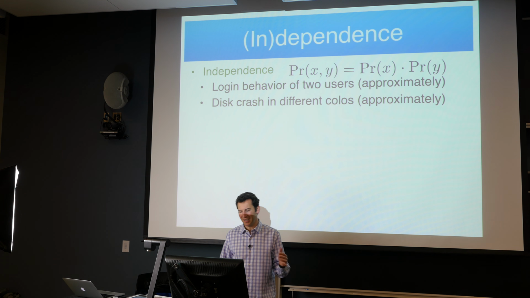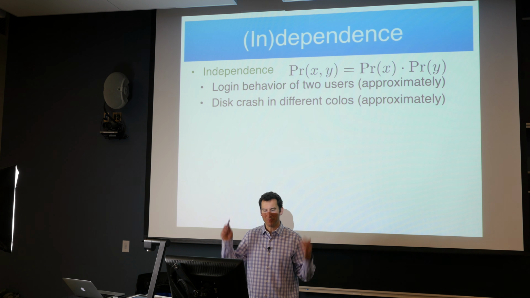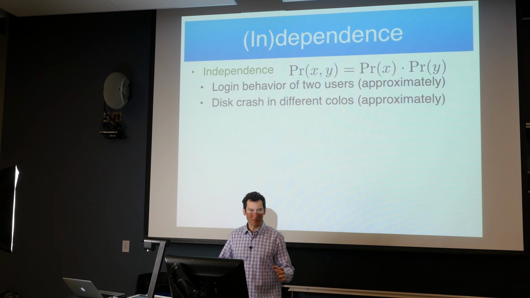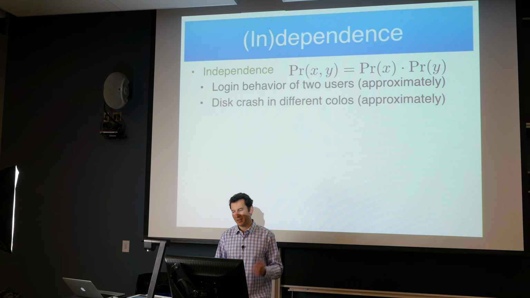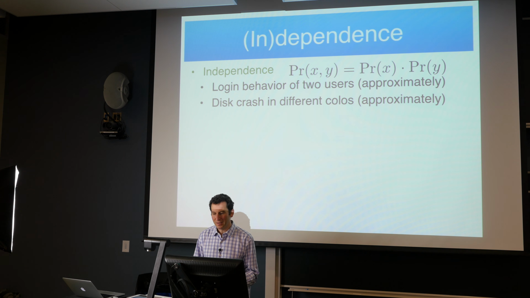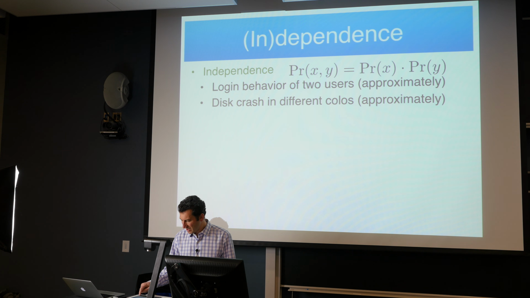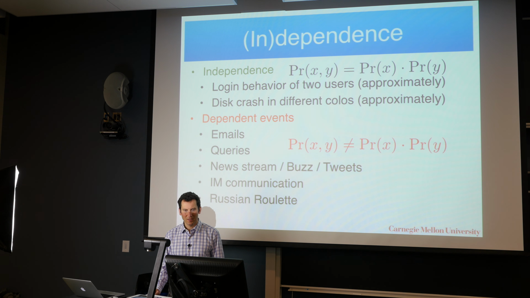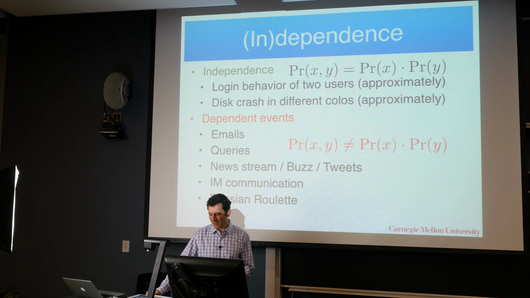Well, it's not entirely the case because maybe you had a power spike and something really horrible happened. But basically, your disks in different server centers may fail at approximately independent times. Now, independence is a really good thing because it allows us to simplify a lot of the representation. But in some cases, you really want to have dependence. And as a matter of fact, in almost all cases, there will be dependence. It's just that quite often you can approximate it away.